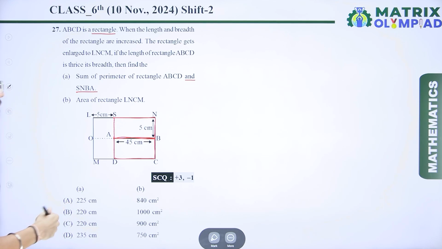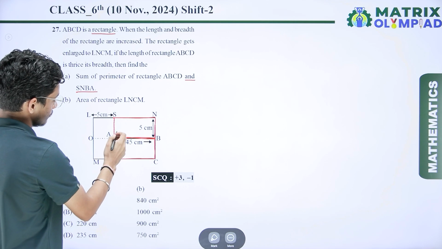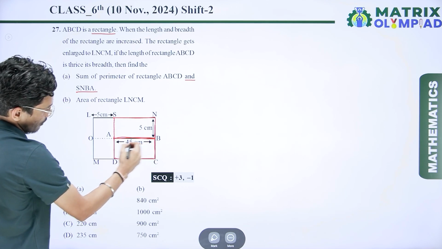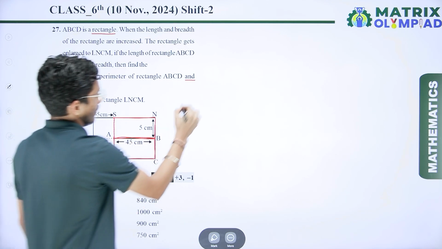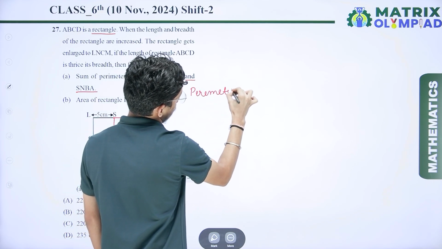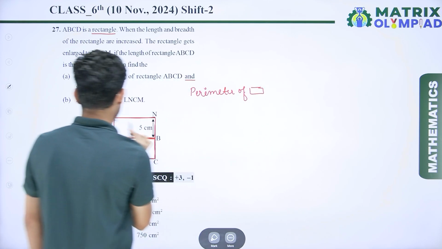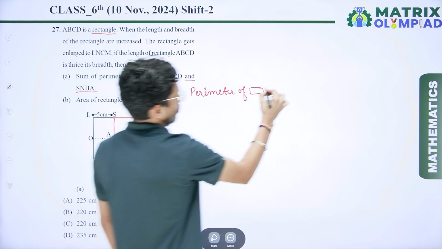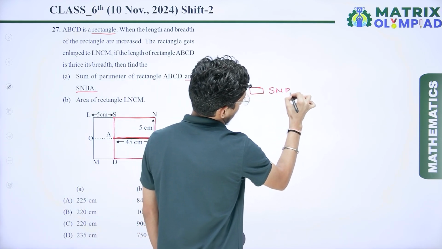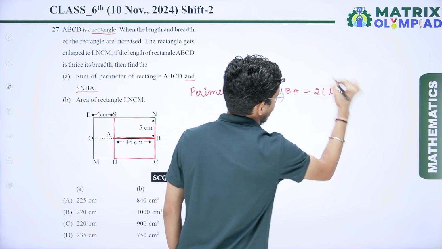So how can we solve it? First, we know that this one is given as 45. The perimeter of rectangle SNBA is 2 bracket length plus breadth.